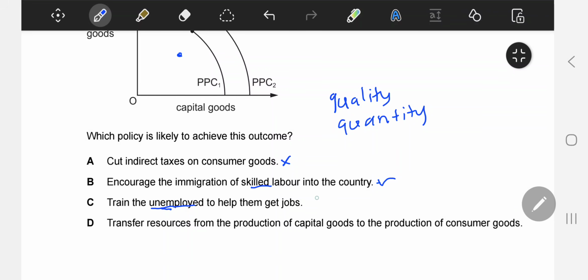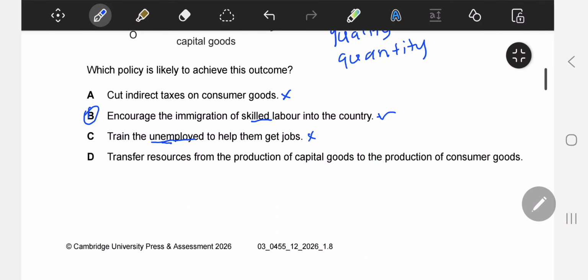It's inefficient, so I don't think that can work. Transfer resources from production of capital goods to production of consumer goods. This is going to cause a movement on the PPC, a movement, but not a shift. So if it wants to do a shift, then I think it's going to have to do that. Encourage immigration of skilled labor into the country.